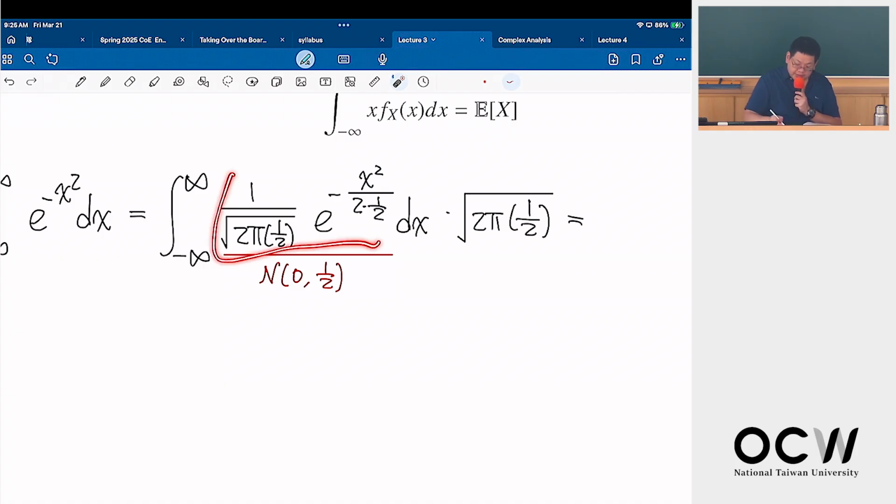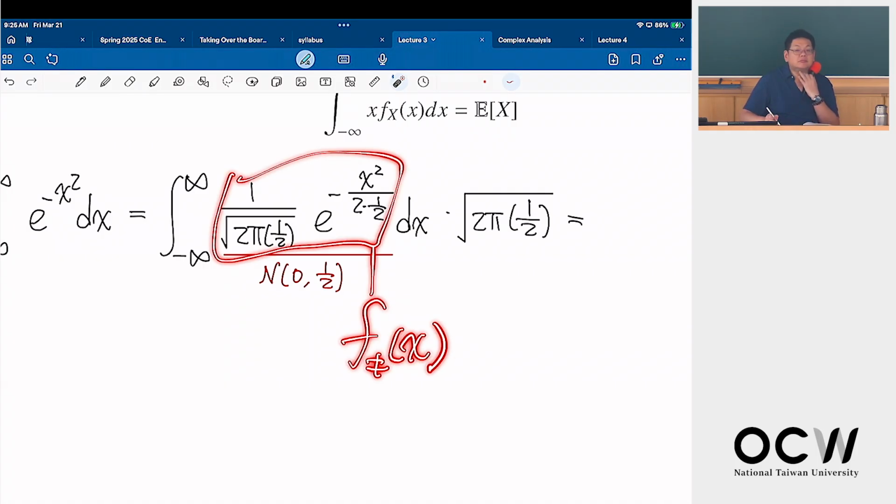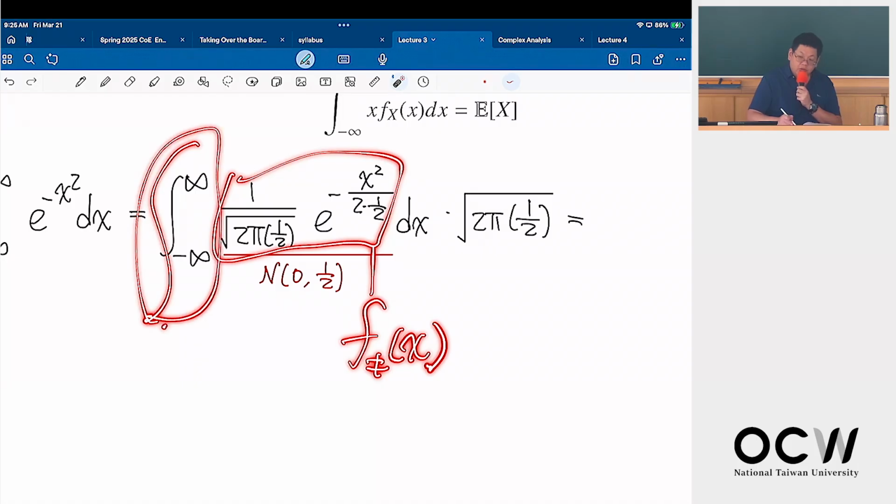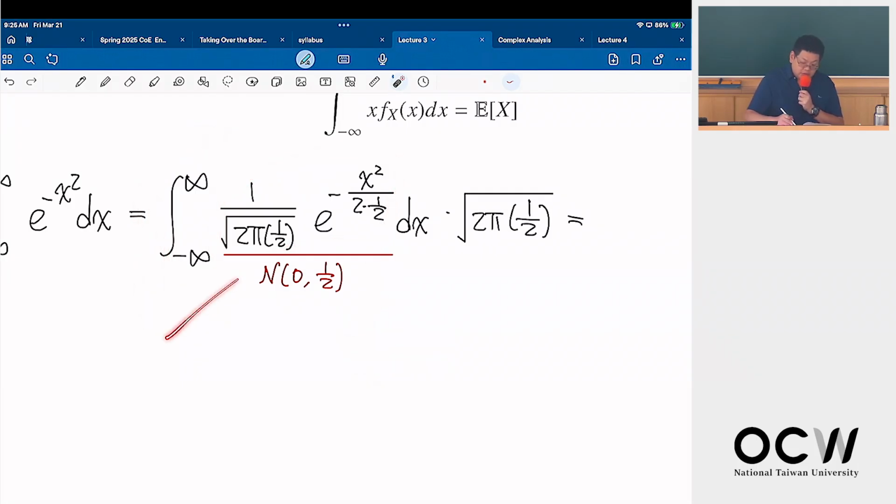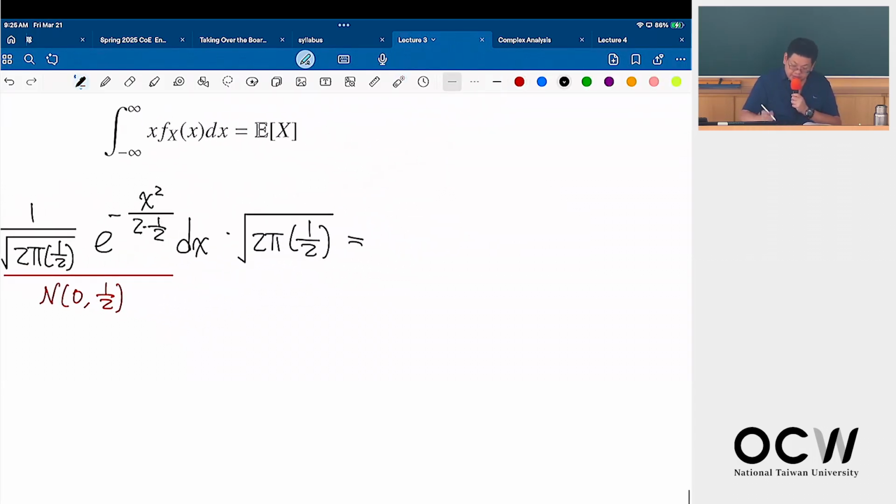Because this is your f(x). So if this is f(x), then what is the integration? By the properties of your PDF, when you integrate over everything, this goes to 1. So if this goes to 1, then you get your integration: the square root of pi.